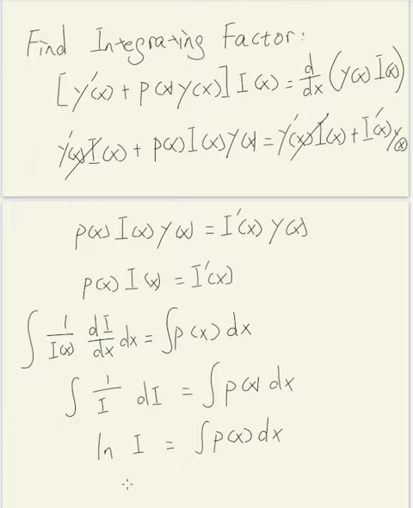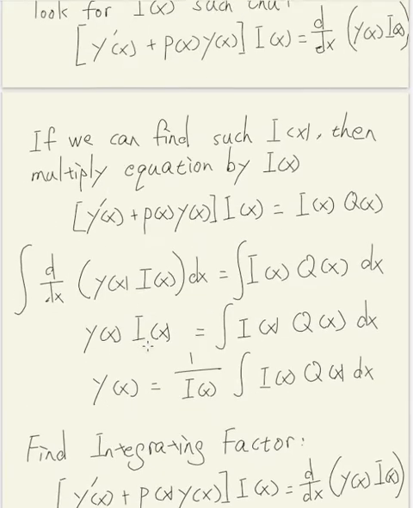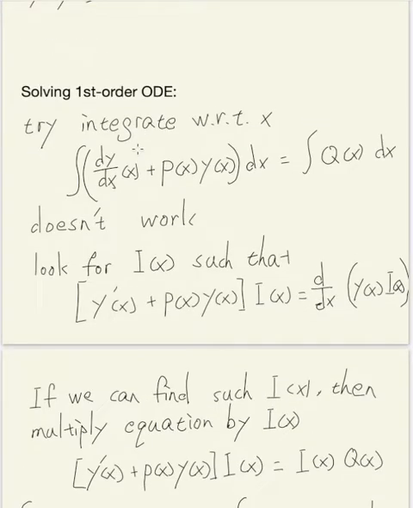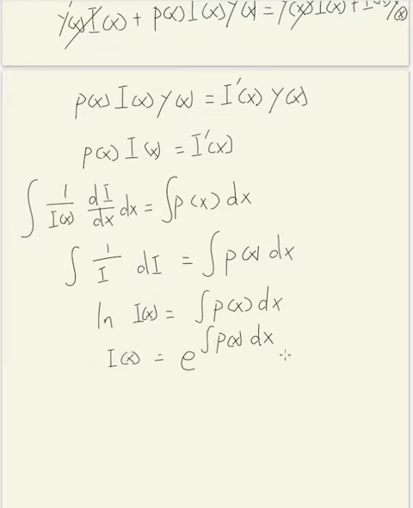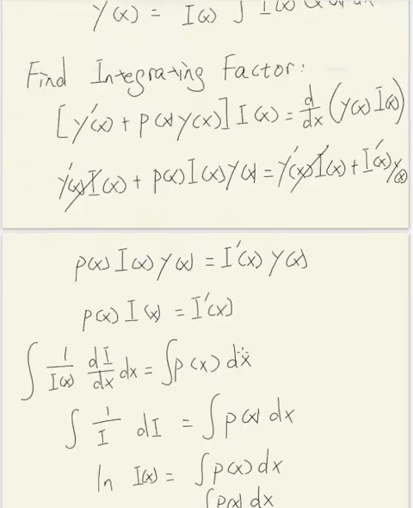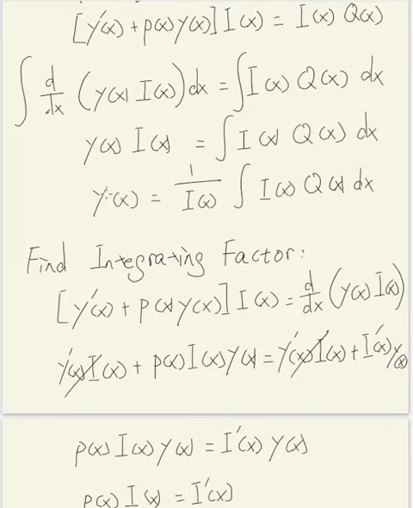And then exponentiate both sides, we get I of x equals e to the integral of p of x dx. So we've solved this problem. For a general linear first order differential equation, we first find the integrating factor I of x using this formula. Then we plug it into this formula to obtain our solution y.